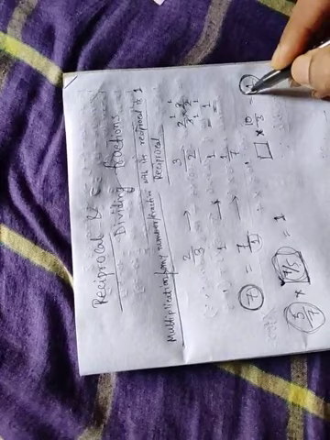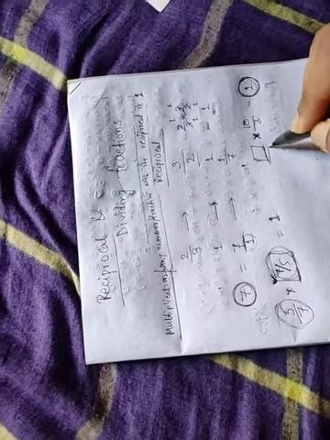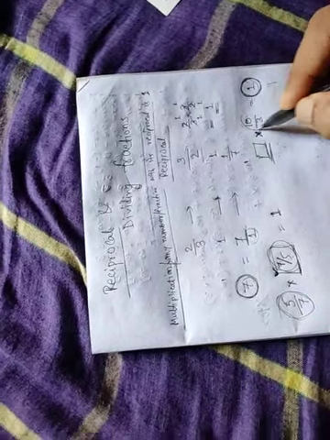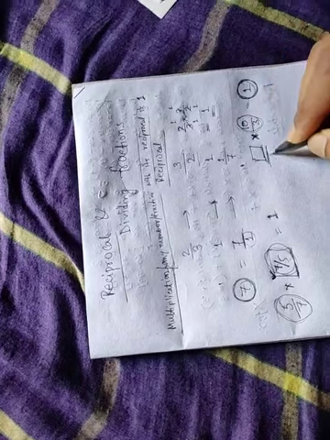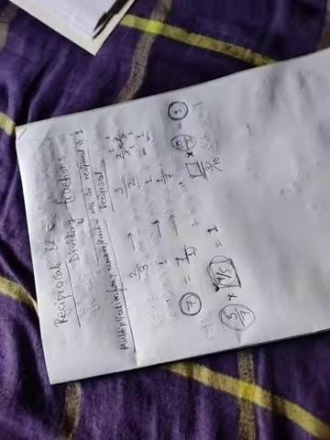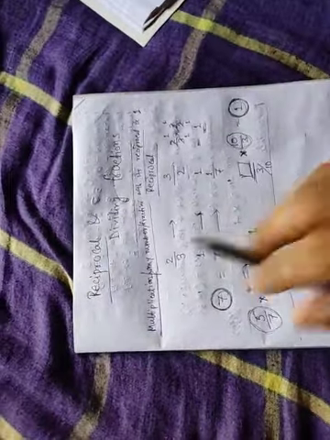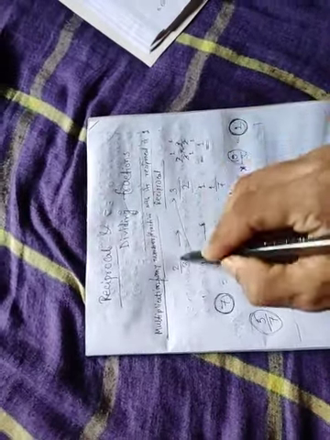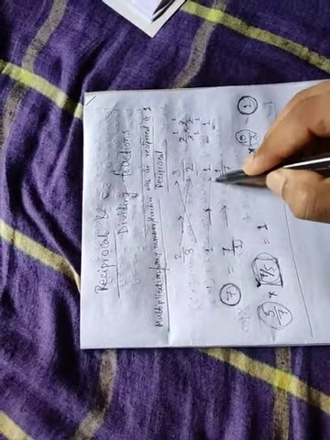So this must be the reciprocal of this fraction. So here the result is 3 upon 10. Clear? Okay. So reciprocal means the numerator will be the denominator and the denominator will be the numerator. That means interchange. The reciprocal of 1 is 1.